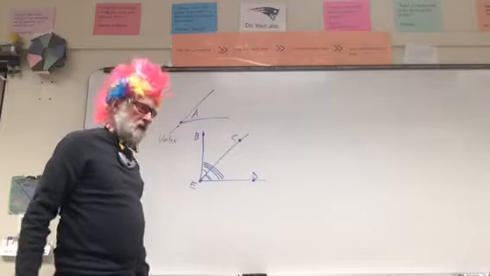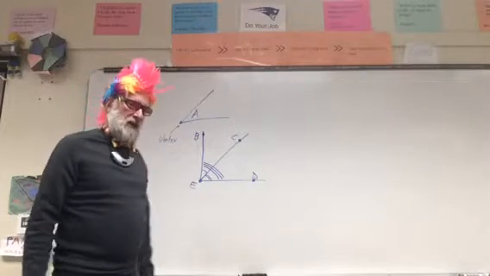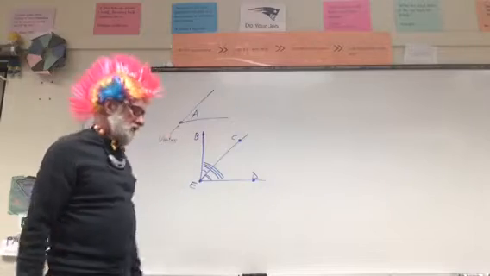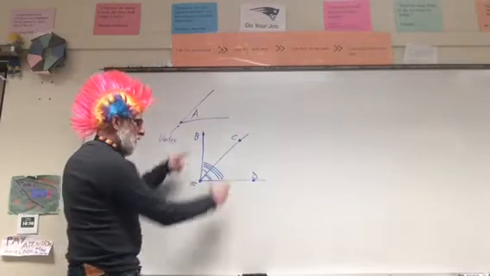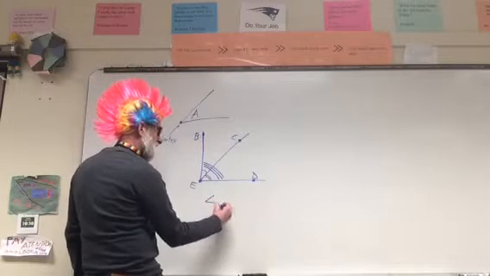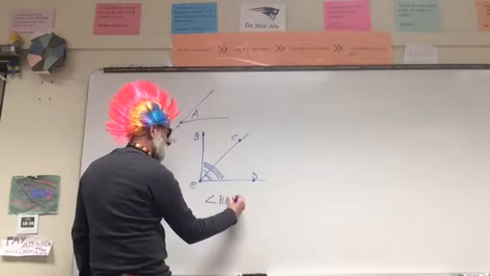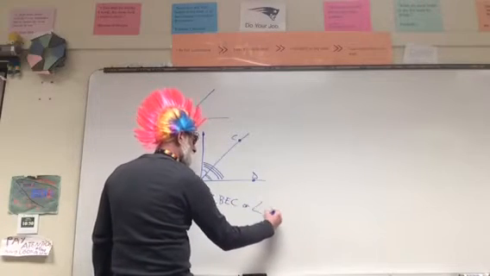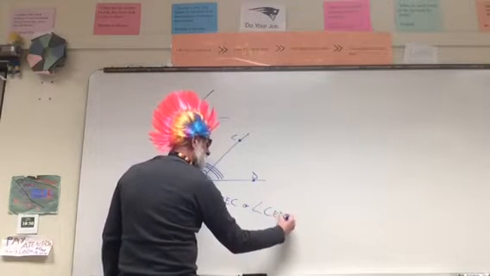You can't tell. So we have to get a little more specific, everybody, and when we want to talk about our specific angles, we use 3 letters. So for example, if I want to talk about this angle right here, I could call it angle BEC, or I could call it angle CEB.